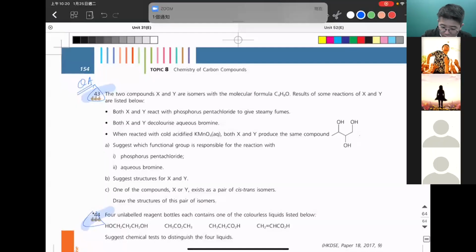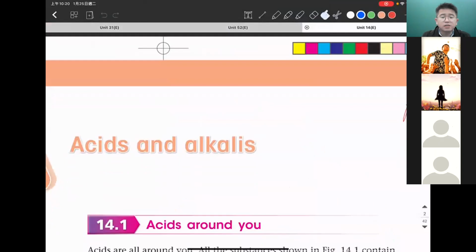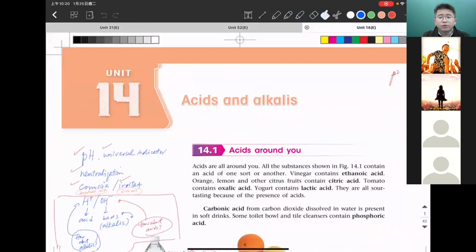For your easy reference, it's on this one: acids and alkalis, Chapter 14. Take a look at that, and page 2. Now, read the pages, and we will start right away. This is the page. Please take reference to it.